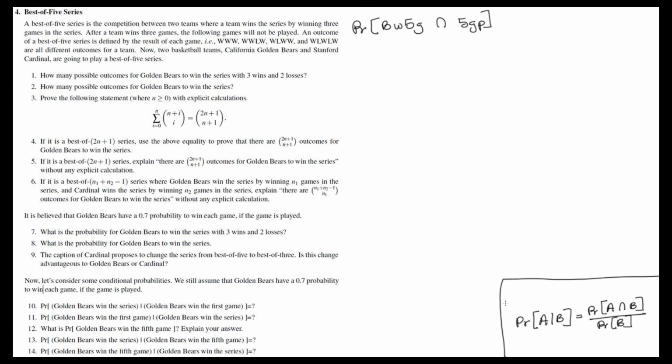We can rearrange this formula from before, and we see that this will be the probability that the Bears win their 5th game given that the 5th game was played, times the probability that the 5th game was played. If they play 5 games, the probability that they win is 0.7, as mentioned earlier. So now we need the probability that the fifth game is played.